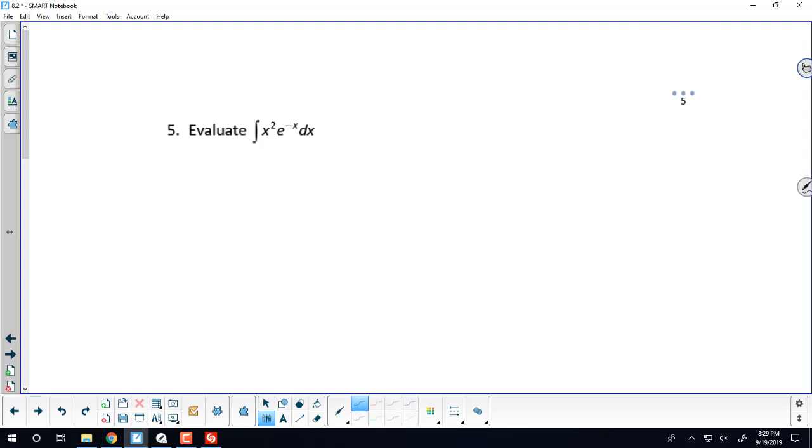So this would be another candidate for tabular integration. Otherwise, we're going to have to do integration by parts twice on this. So u is our algebraic, dv is our exponential, e to the negative x dx. du is 2x dx.